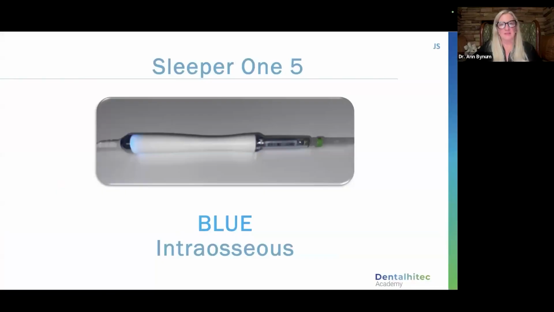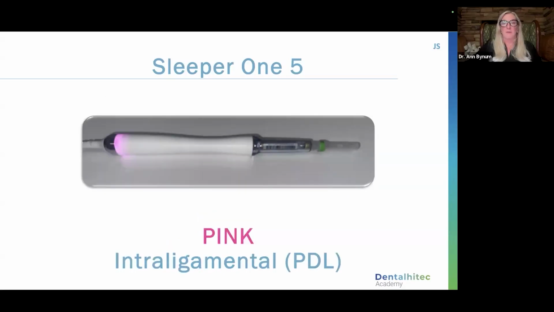All right, the blinking lights. Let's talk about the blinking lights. We're going to talk about the SleeperOne. There's only one of you on here, but it is very important. When there's different colors, the colors are telling a story. The blue tells you that you're using the device in the mode that is created for intraosseous injections. Sorry, that's a dog.